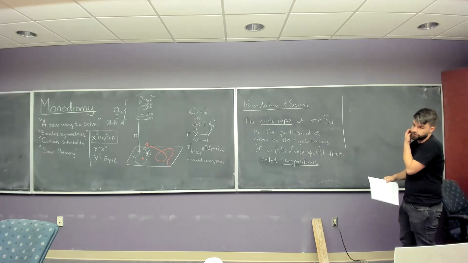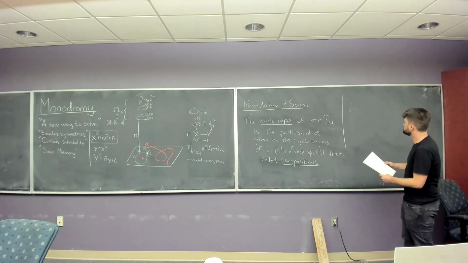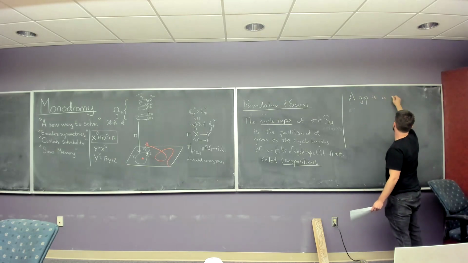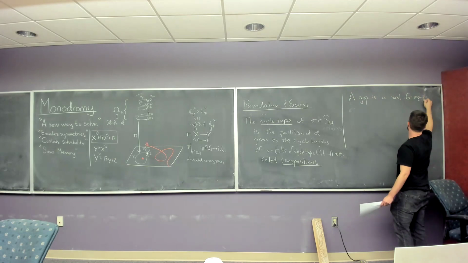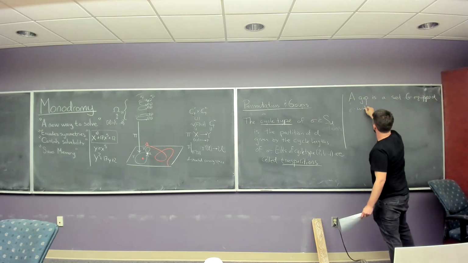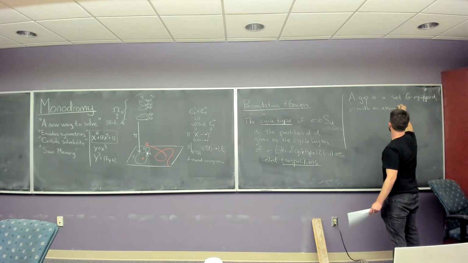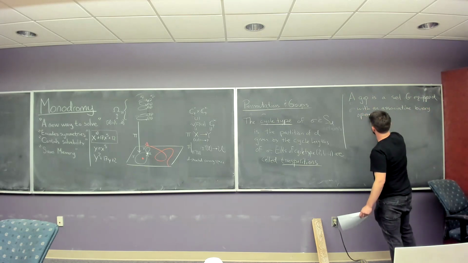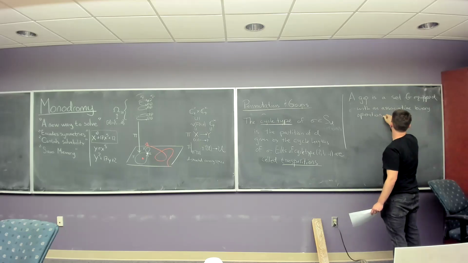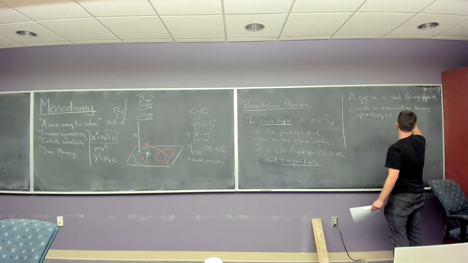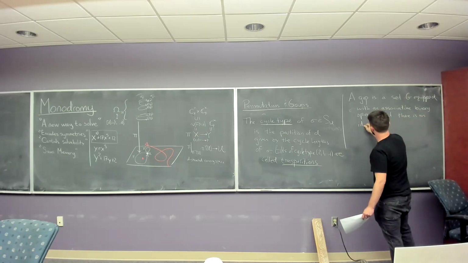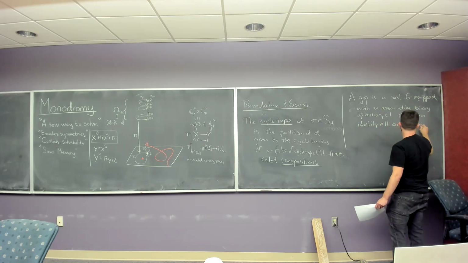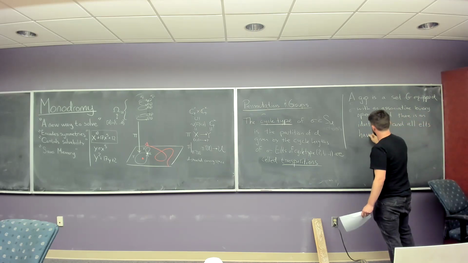So we're going to deal a lot with permutation groups. A group is a set G equipped with an associative binary operation such that there is an identity element and all elements have inverses.